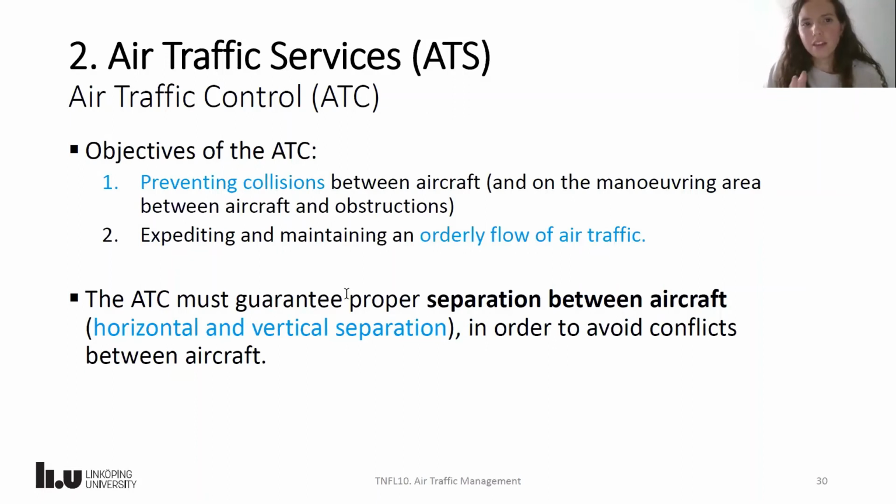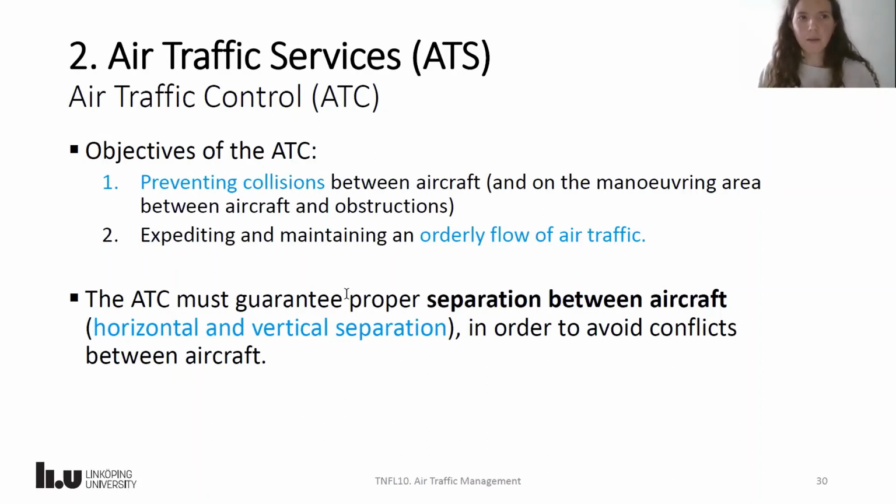So one thing that the ATC must do is provide proper separation between the aircraft. There is a list of separation requirements that are different depending on the phase of the flight. For example, aircraft that are flying in cruise have a different separation requirement than aircraft that are approaching an airport.